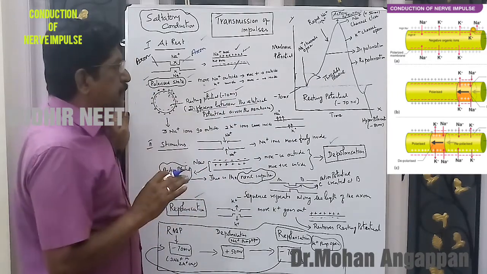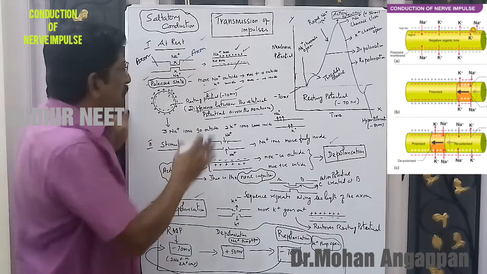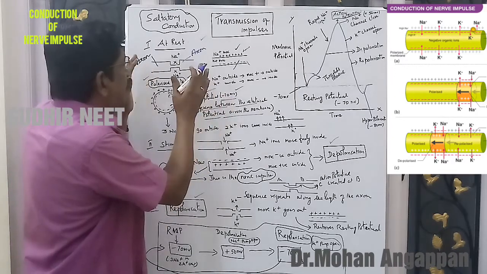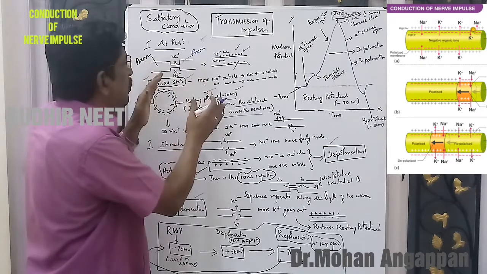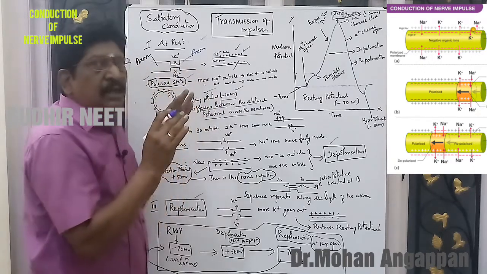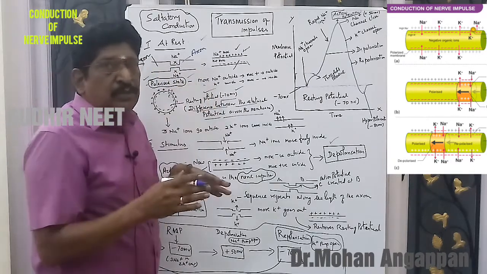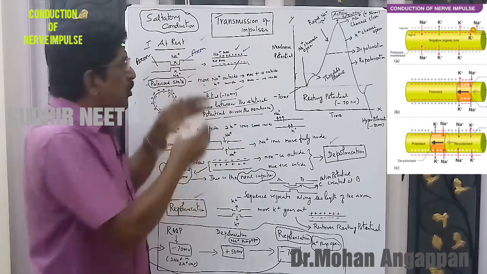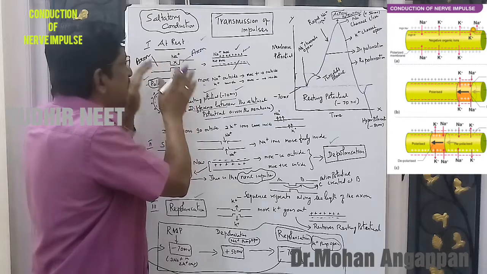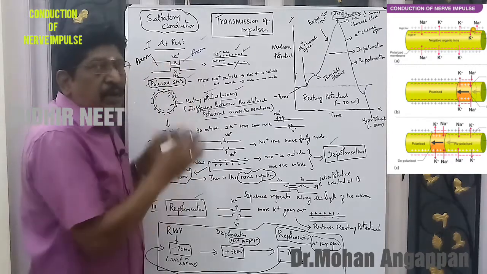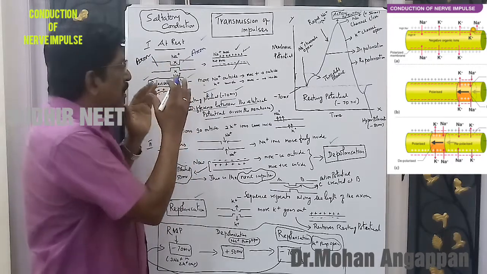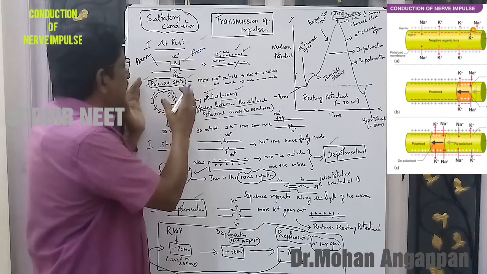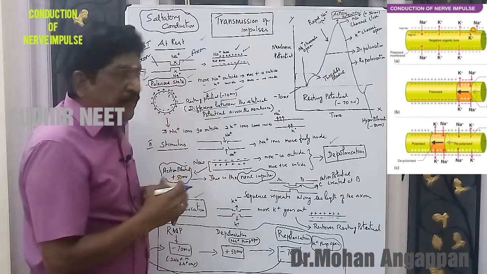You must remember this. At rest, when there is no stimulus, the sodium channels are closed. Potassium channels are open and potassium ions will be going out. Sodium ions cannot come inside at rest. So the axon membrane is at a polarized stage.